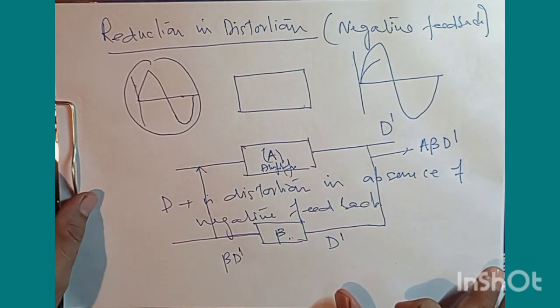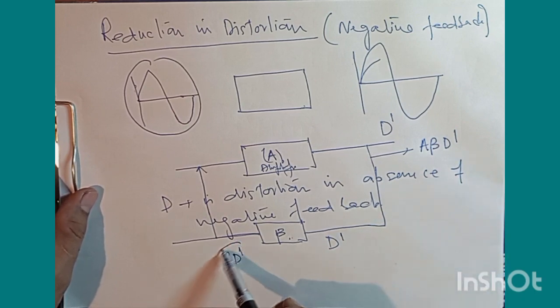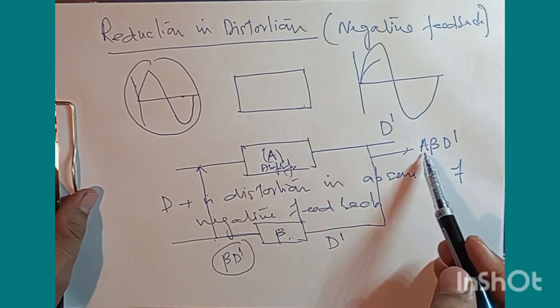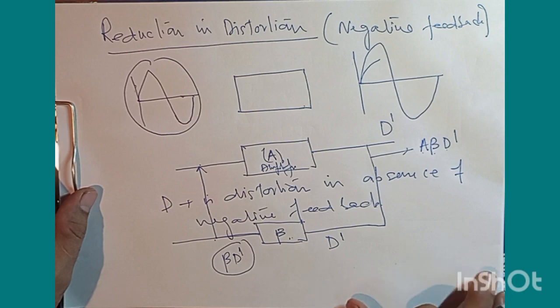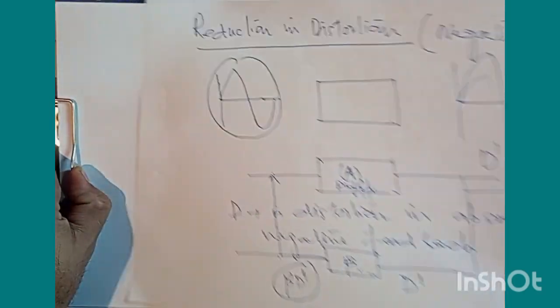So the things will look like this. You will have beta D dash as input to the amplifier, and you will have A beta D dash as output from the amplifier. Now, in order to proceed from here, I should go with the symbols that I have used.